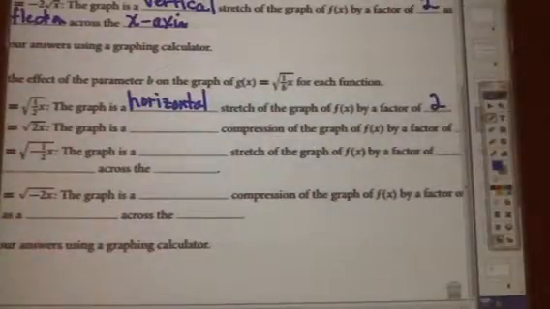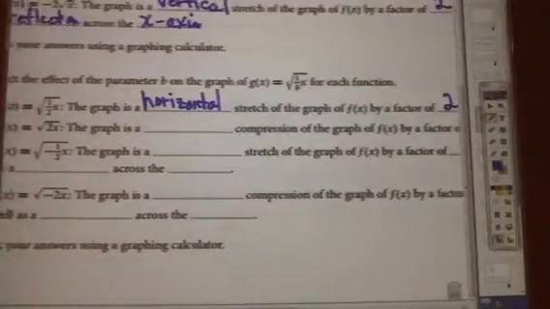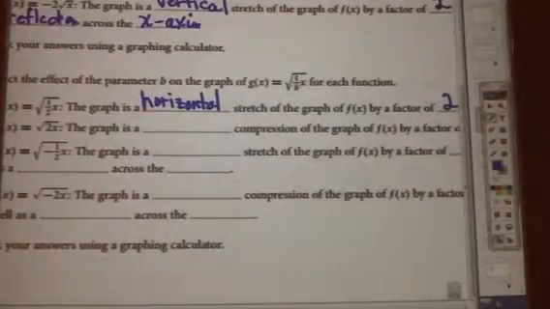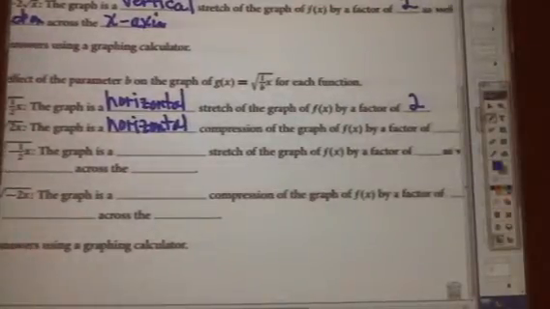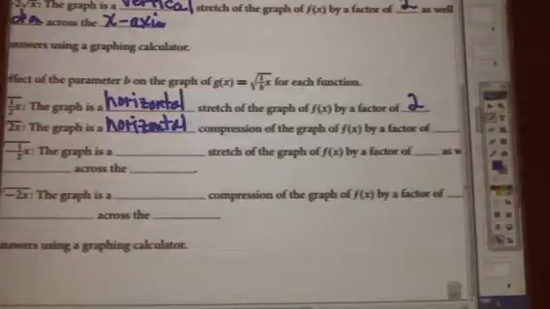You got to flip the 1/2 over. Square root of 2x. The graph is a horizontal compression by a factor of 1/2.